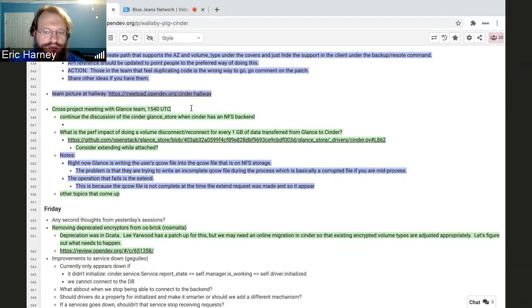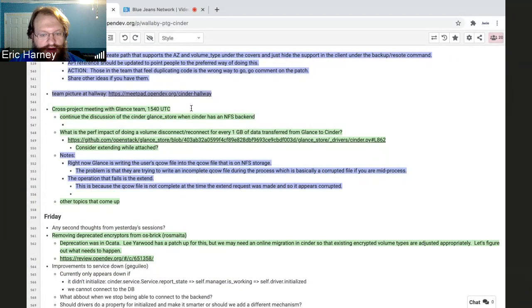The thing that I recalled seeing in Cinder was we do an extend operation that eventually tries to call QEMU image resize, I think. And that fails. I might be mixing up cases here. In one scenario, that operation failed because... No, it is the same thing.